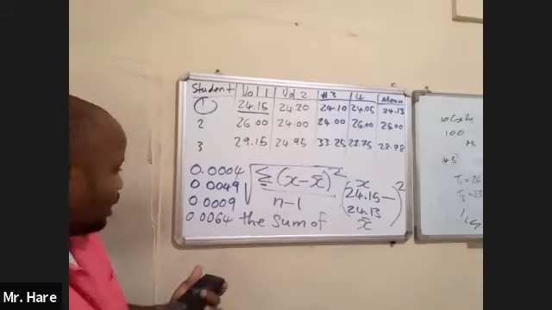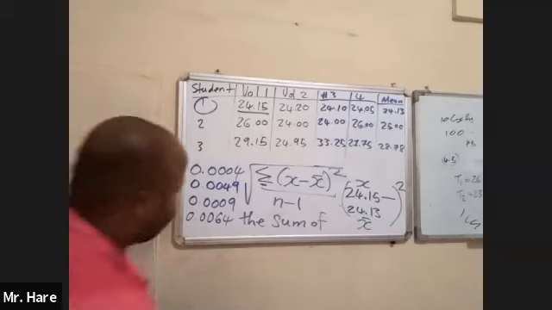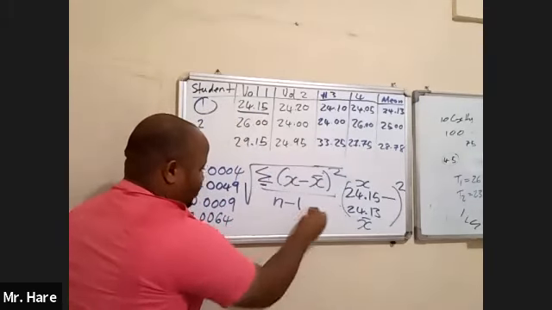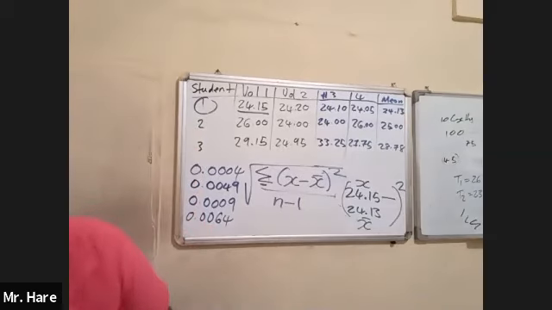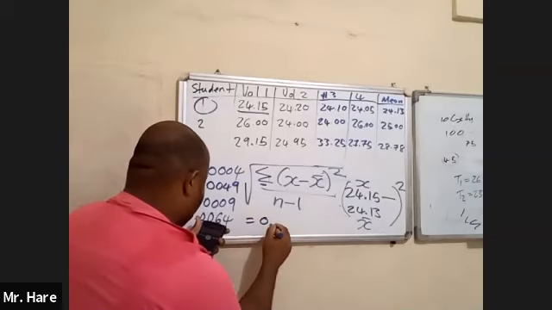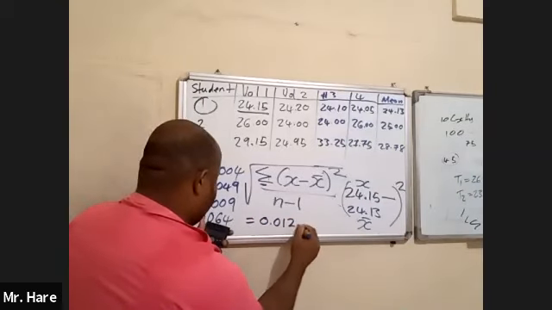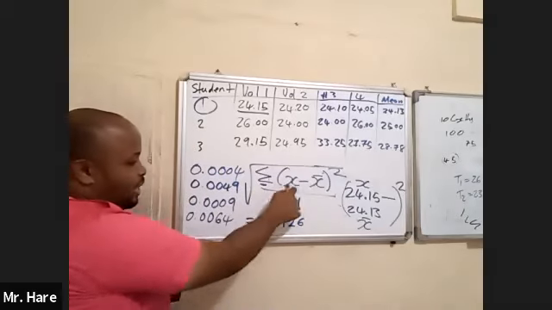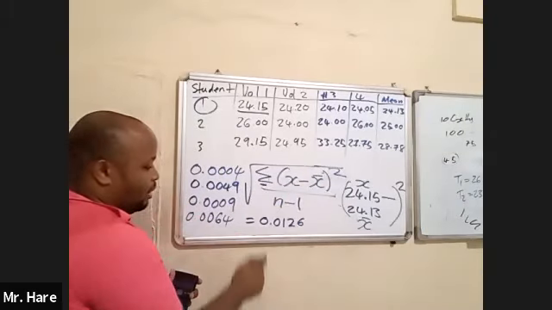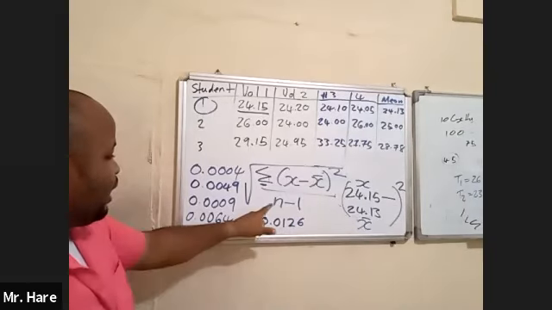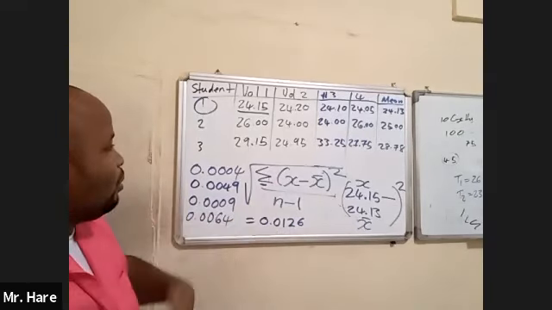And the answer I'm getting is 0.0126. All right. So the sum of x minus x bar squared is 0.0126. Remember now, n is the amount of trials.